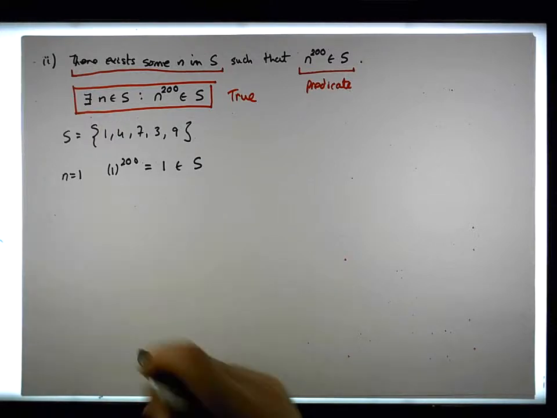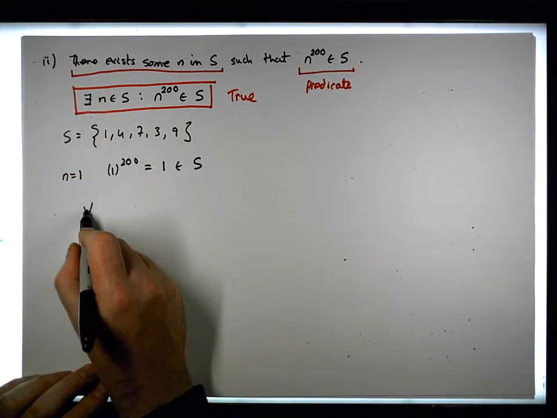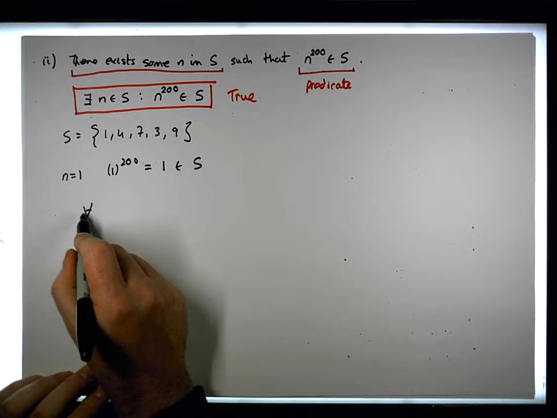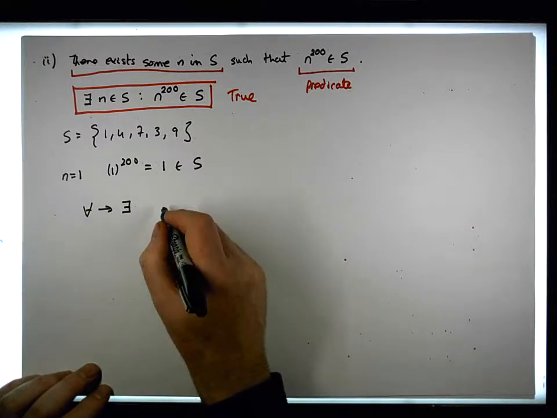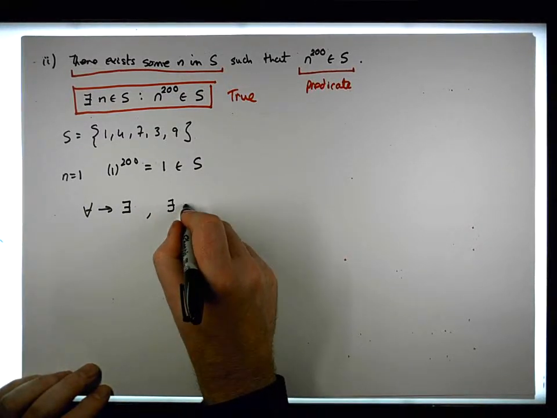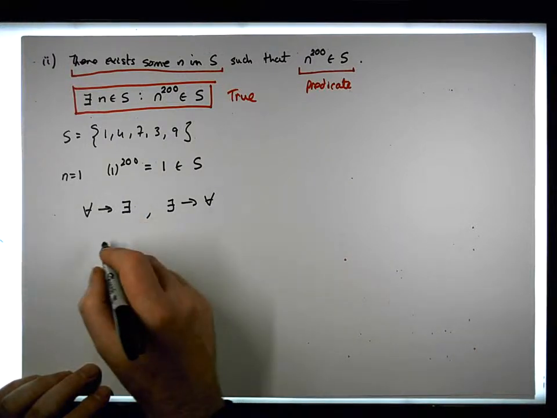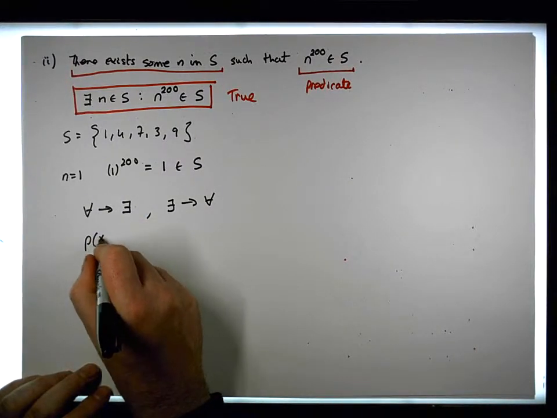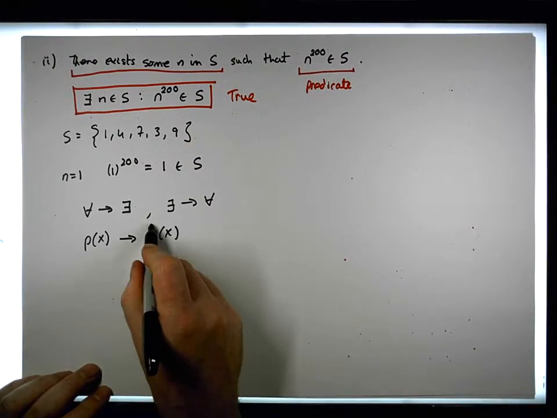So we want to negate this quantified predicate. Just keep in mind that the universal quantification goes to there exists, and there exists is taken to universal quantification. And also the predicate itself is negated.